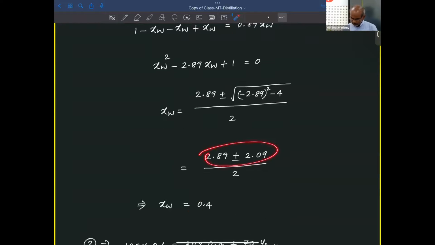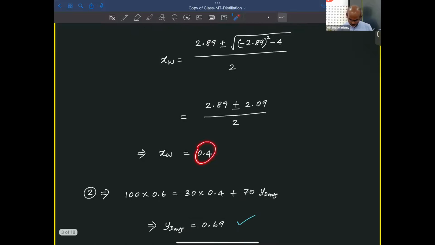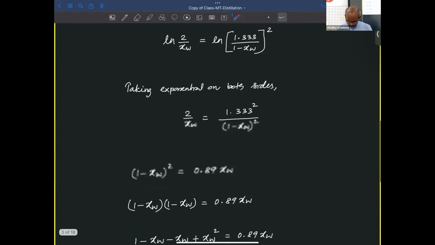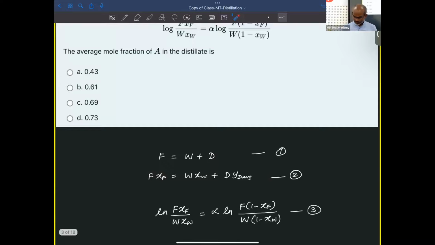If you add these two plus two, x will be greater than 1, which is unacceptable, since x ranges from 0 to 1. So the answer is 0.4, and using this 0.4, we can get the composition of the distillate. That is what is asked.